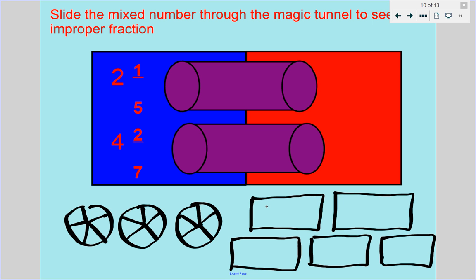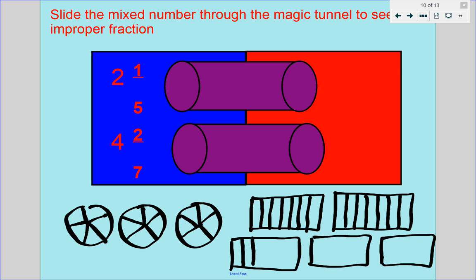All right, and 7. 1, 2, 3, 4, 5, 6, 7. Let's count them. 7 pieces. You know the amount of lines you draw is one less than what you want.